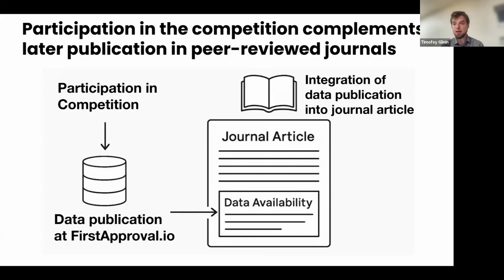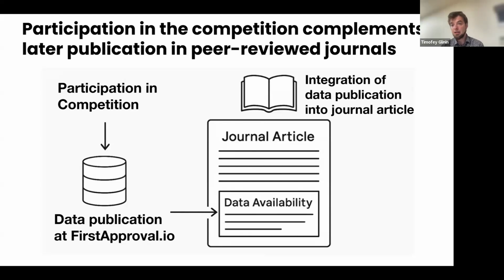It is a standard practice for all publishers to have a data availability section in their journal articles, and it improves the quality of your article if your data set is disclosed.